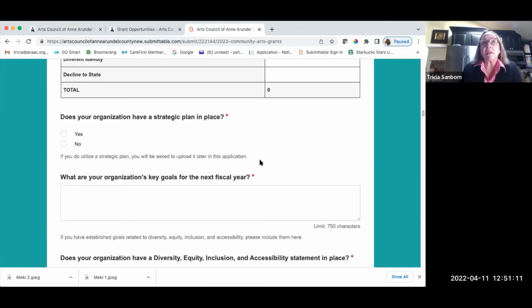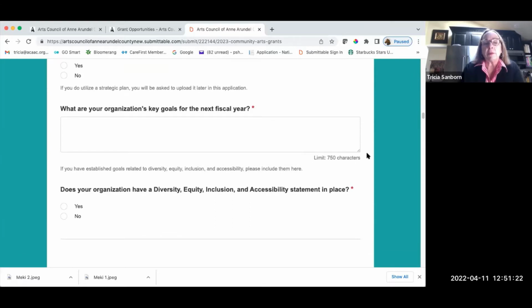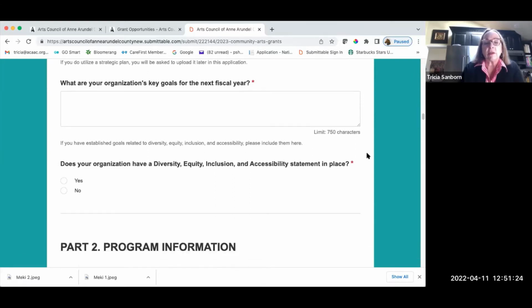Now you'll notice that this is a pretty important part. This will be in the rubric, and you'll see that we are really looking to see what kind of effort has been put into planning for the organization.